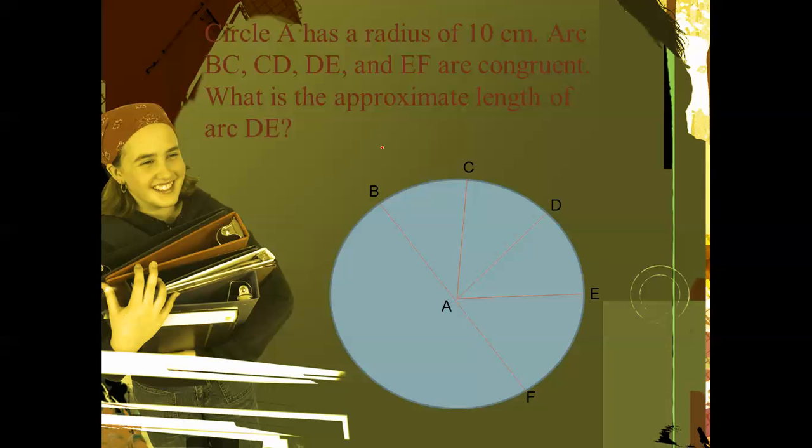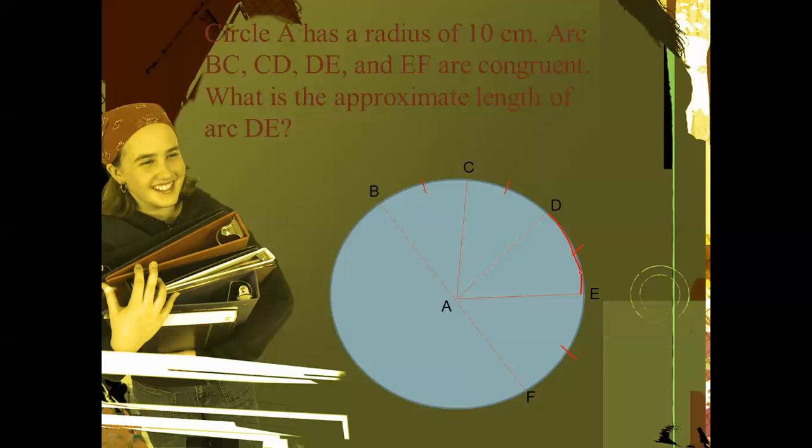Okay, I think this is the last one. It says circle A has a radius of 10 centimeters. Arcs BC, CD, DE, and EF are congruent, so all 4 of these arcs are congruent. What is the approximate length of arc DE?